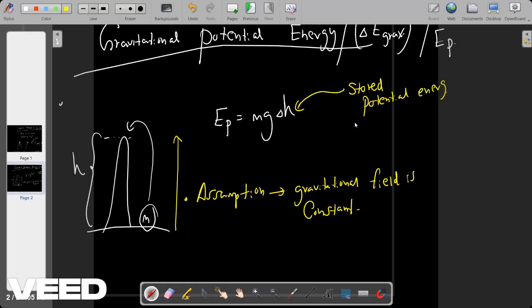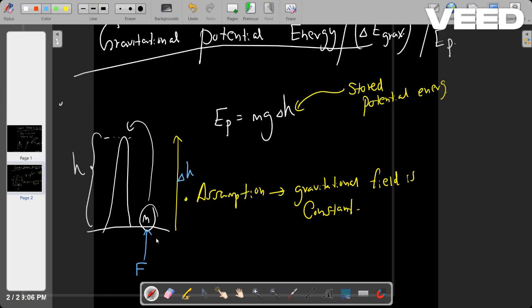And you can tell this potential energy has been stored by work done on it. If you remember, we have to put a force on this object, and then using that force we can take it here. So there's a force, there's a distance. Distance is h, F into h.